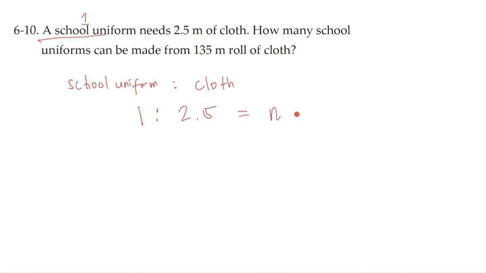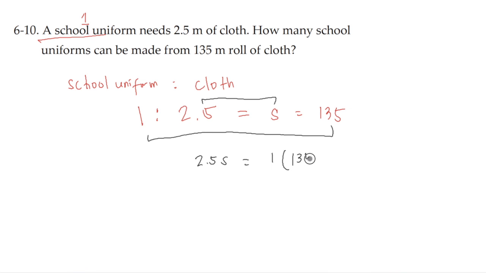So, we have N equals, okay, let's try to use letter S, which symbolize for school uniform, equals 135. So, again, we're going to do the math. So, multiply the extremes and multiply the means. So, we have 2.5s equals 1 times 135. So, here we have 2.5s.